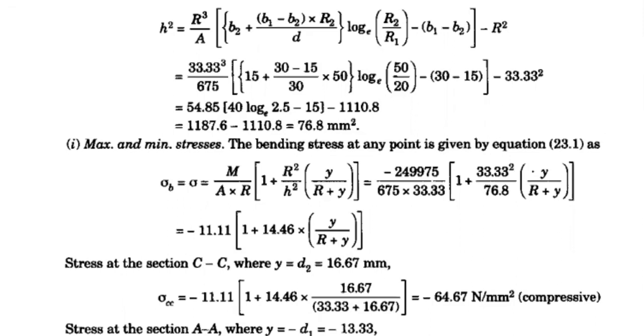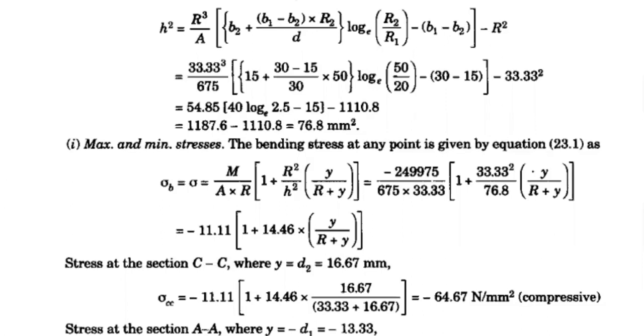If it is wrong, please replace those values. We cannot say that each and every numerical value is correct, so please try the numerical values yourself. If there is any change, please replace them. However, the values are correct, 76.8 mm square.